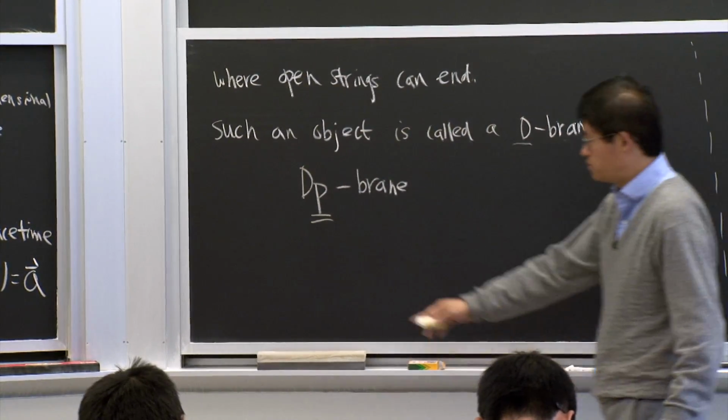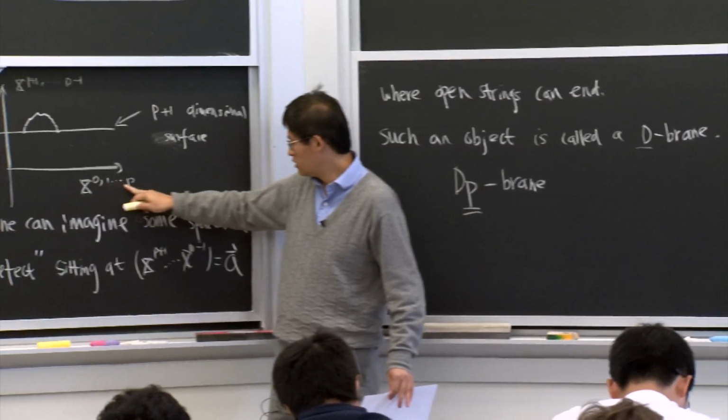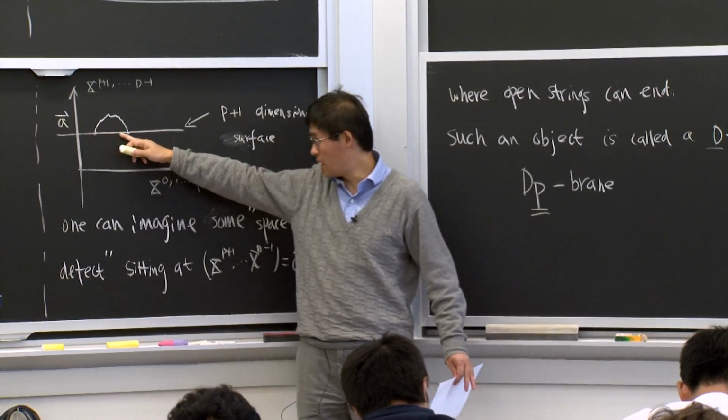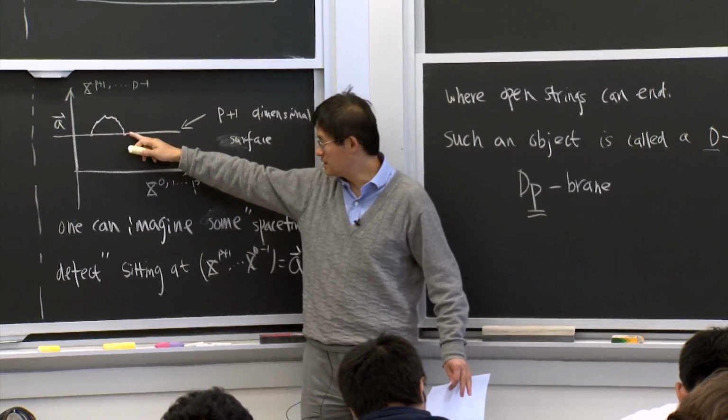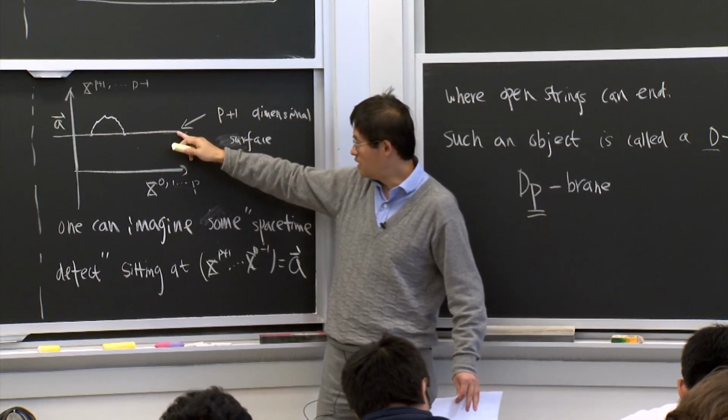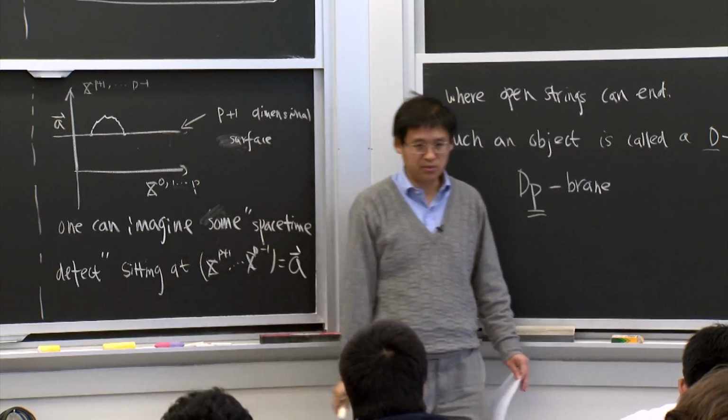So in this case, there are p spatial dimensions along the brane, so we call it a Dp-brane. Okay.